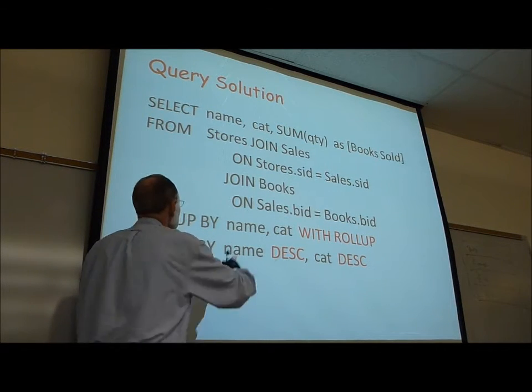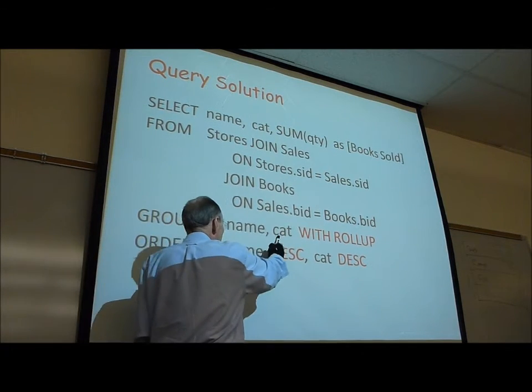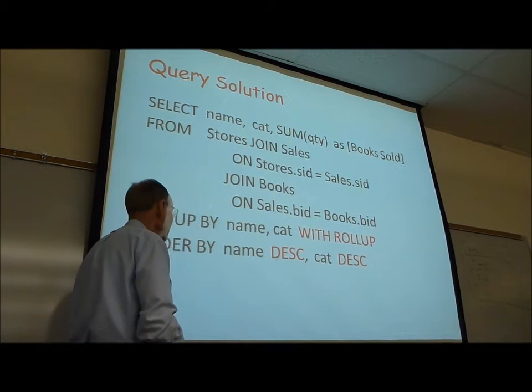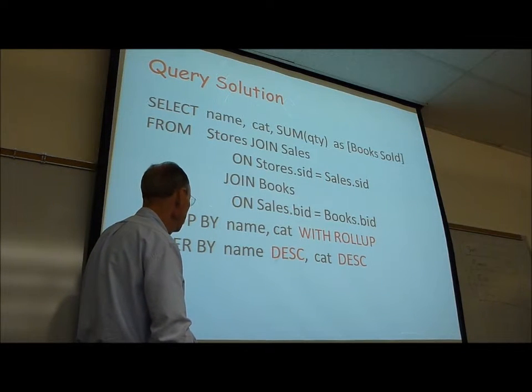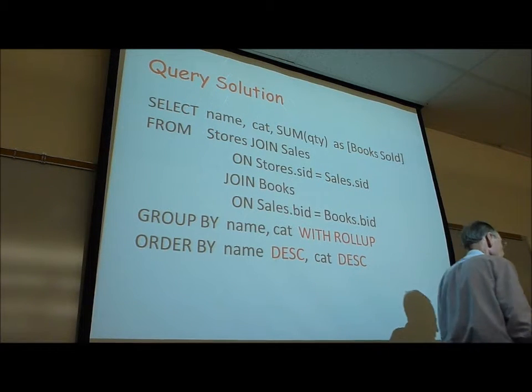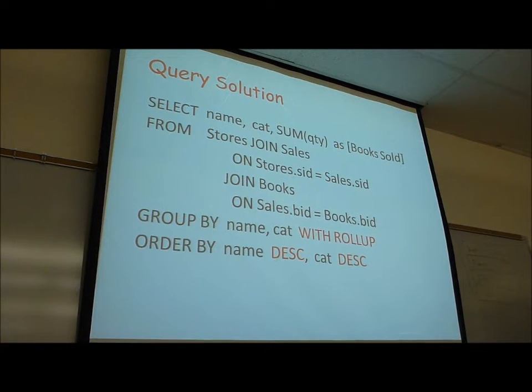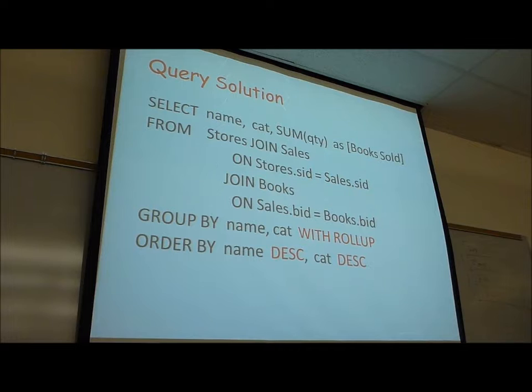And we got the joins on 3. Name, category with roll up. And in this case, I did the descending. I'm not sure why I did that other than just to describe we could do it that way. I'm not sure why I did that now. Let's go ahead and see what we've done.